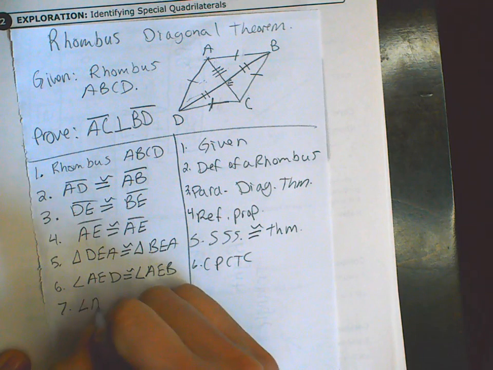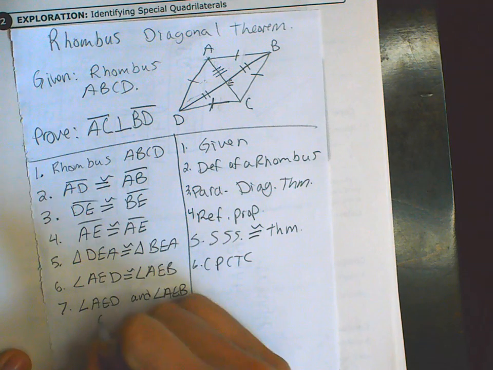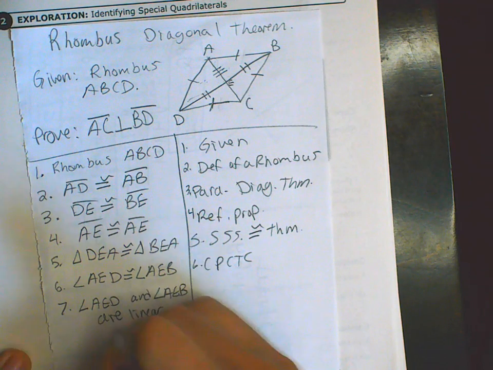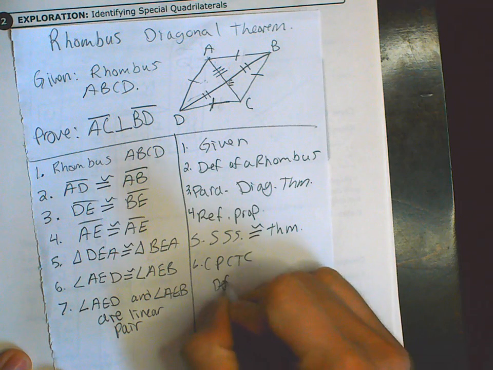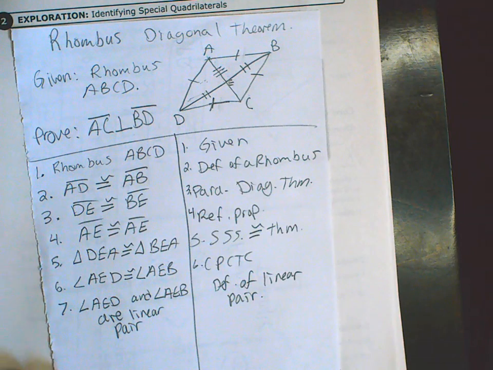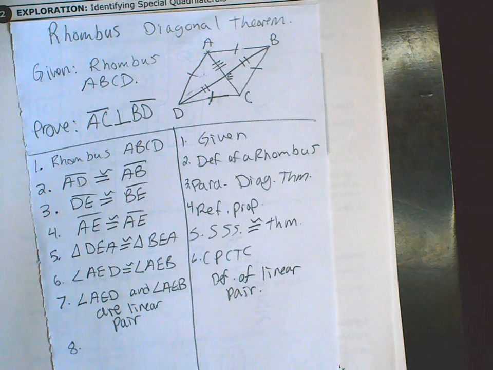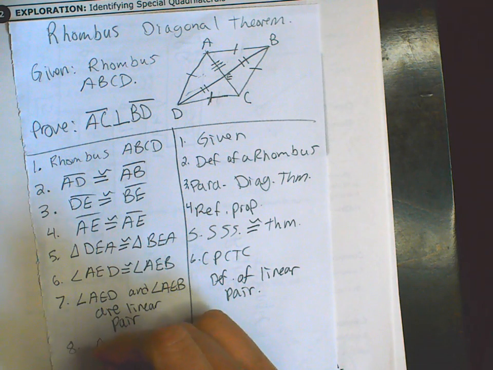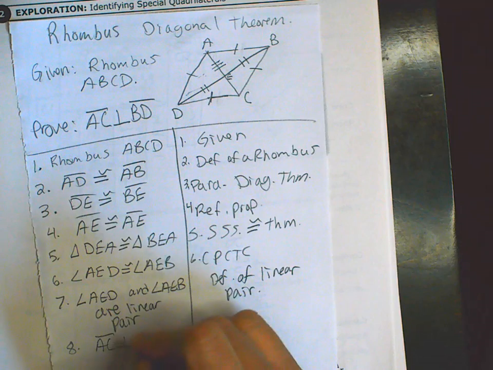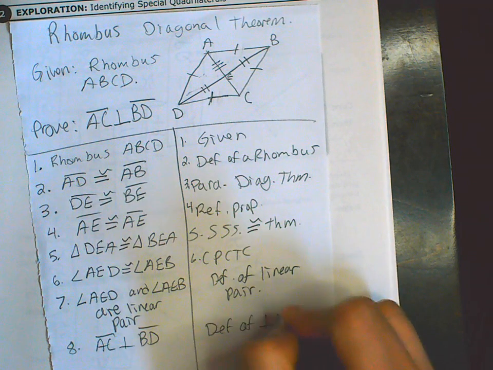So angles AED and AEB are a linear pair, definition of a linear pair. So because they're congruent and a linear pair, that means that they're both going to be right angles, making those two lines perpendicular. So AC perpendicular to BD. Definition of perpendicular lines.